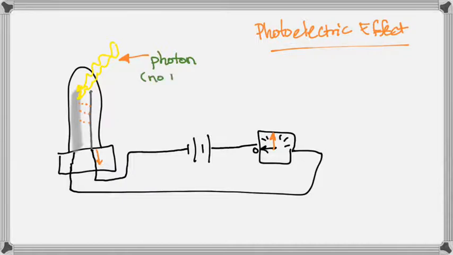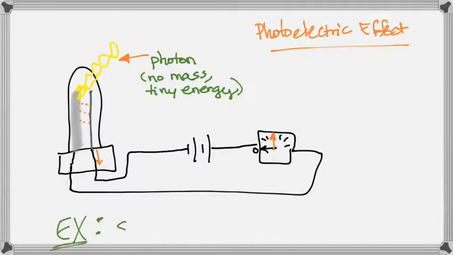No mass, but it does have a tiny amount of energy that is associated with it within the light. And that energy is enough to knock electrons loose. So it is knocking the electrons loose. A great example of where the photoelectric effect is used is going to be solar panels.